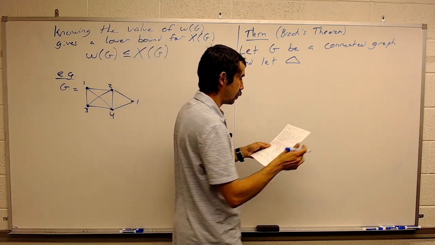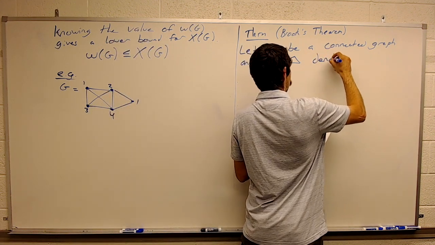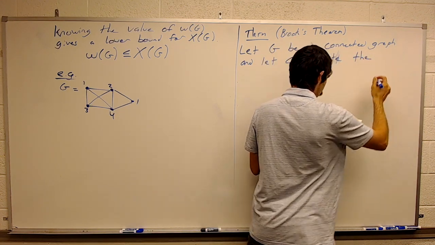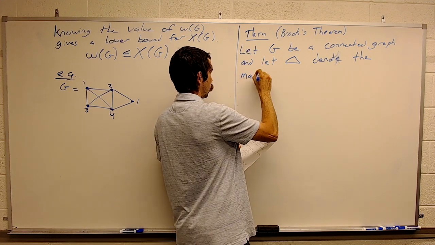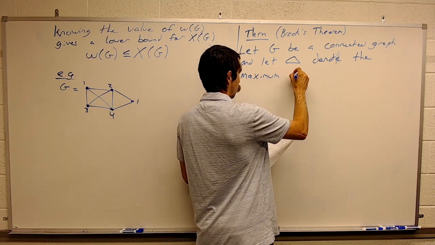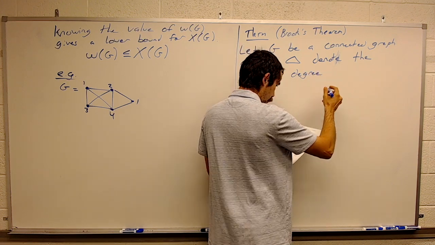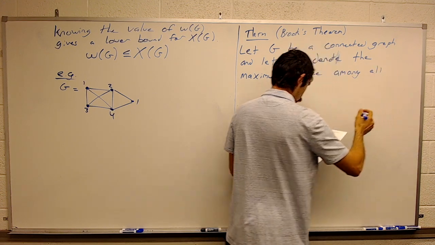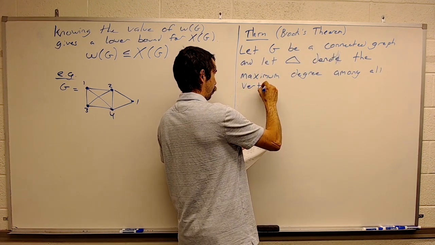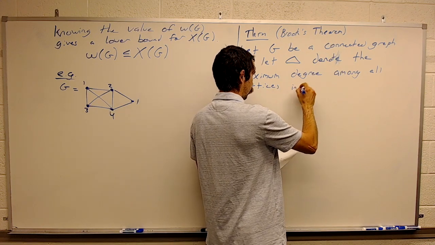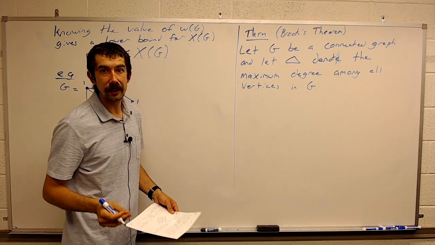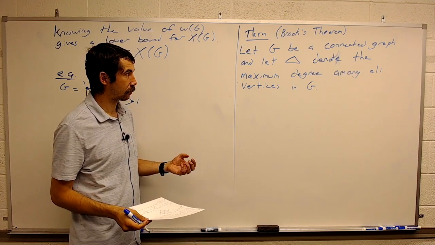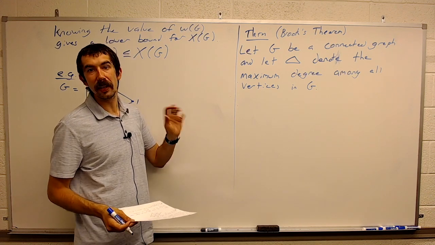So let delta denote the maximum degree among all vertices. Okay, so we would find the degree of each vertex, and delta would be the biggest degree.